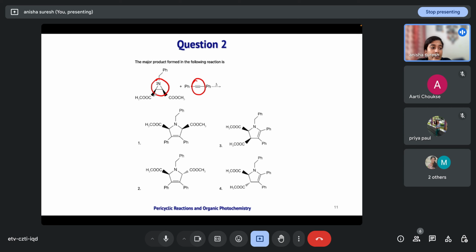That will follow electrocyclic ring opening, and it will follow Woodward-Hoffmann rules. What could be the answer?